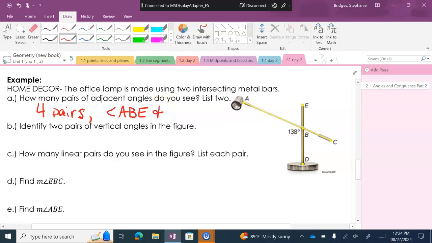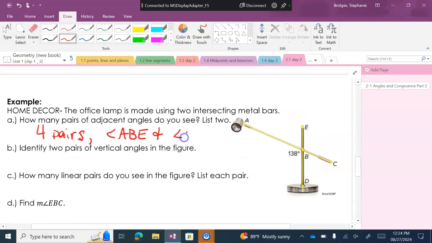And I can either choose this angle here or this angle here. Let's choose this one. How would I name that angle? EBC or CBE, either way, as long as B is in the middle. So ABE, that's this one right here. And then we did this one, EBC.